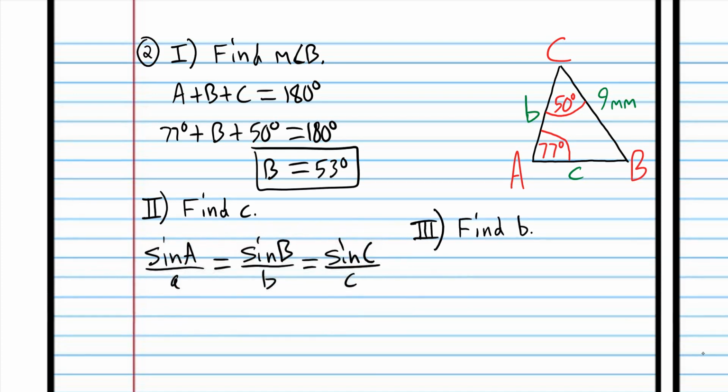Well, we're looking for c, so obviously we're going to use this ratio. And we have the measure of angle A and the side opposite A, so we're going to use this ratio. So we're going to use these two ratios, and we're going to get rid of sine B over b for now.